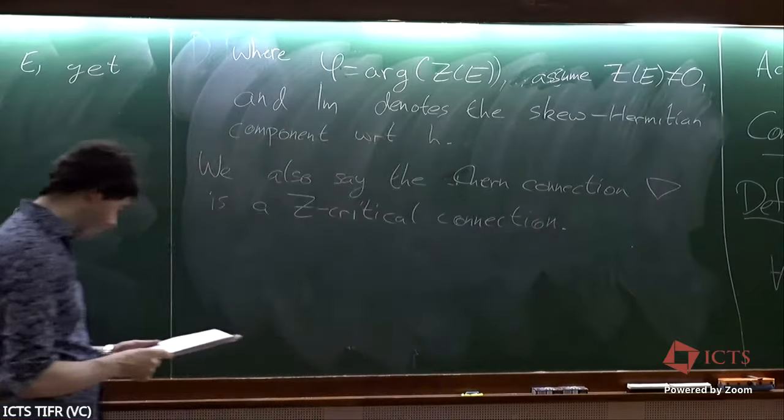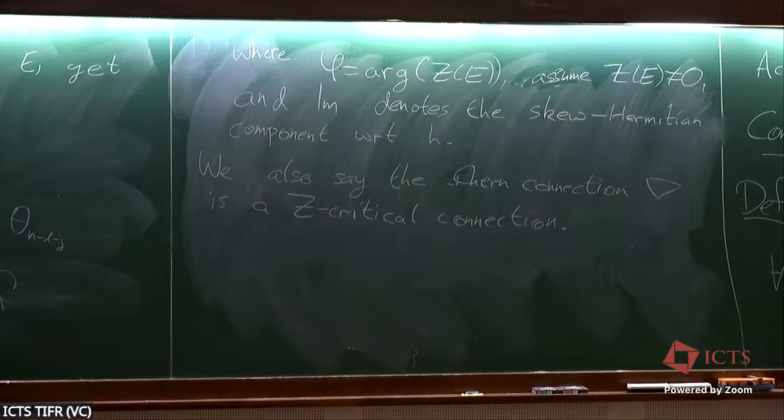So what's the point? I can view this on a fixed holomorphic vector bundle as an equation for a Hermitian metric, or I could fix a Hermitian metric and view this equation on the associated Chern connection in a given complex gauge group orbit.